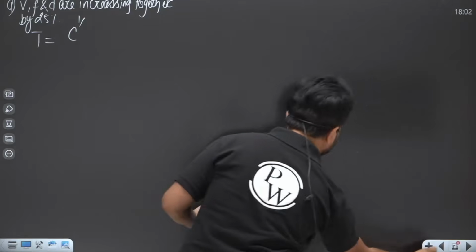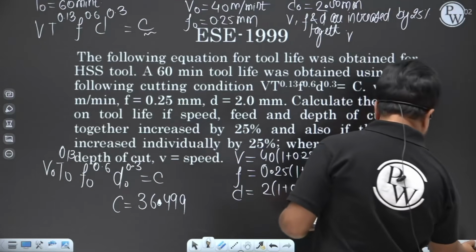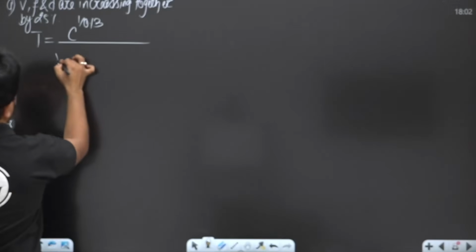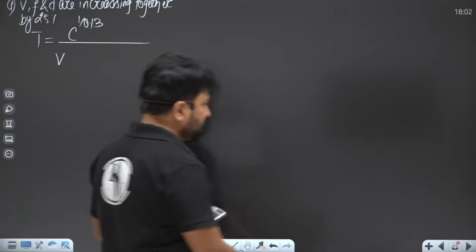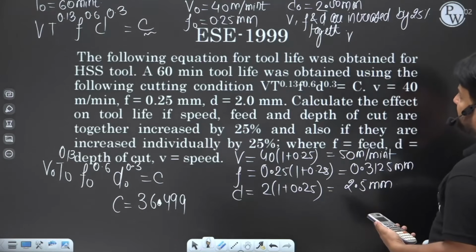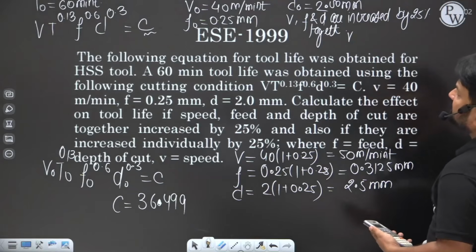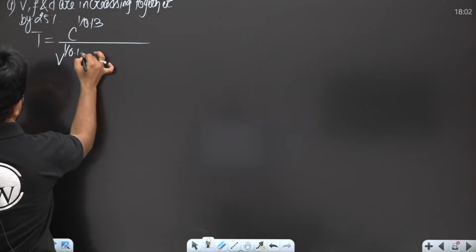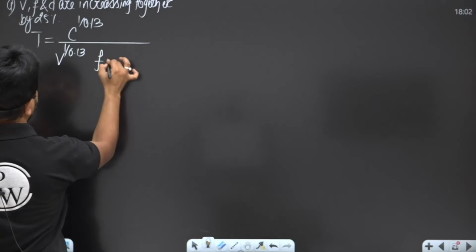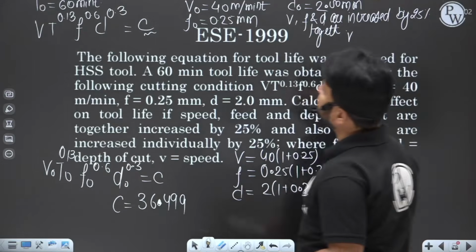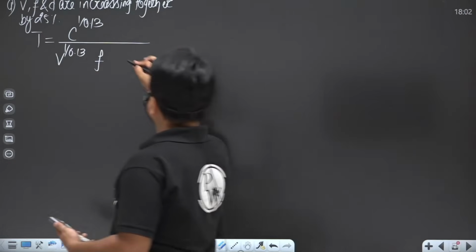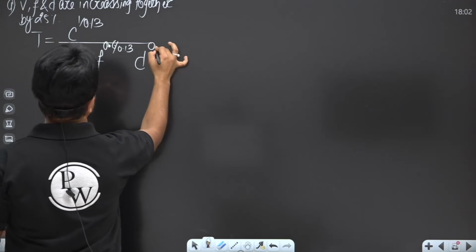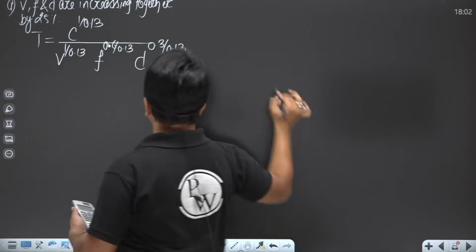The value of n is 0.13. So velocity to the power 1 by 0.13, feed to the power 0.6 divided by 0.13, depth of cut to the power 0.3 divided by 0.13.